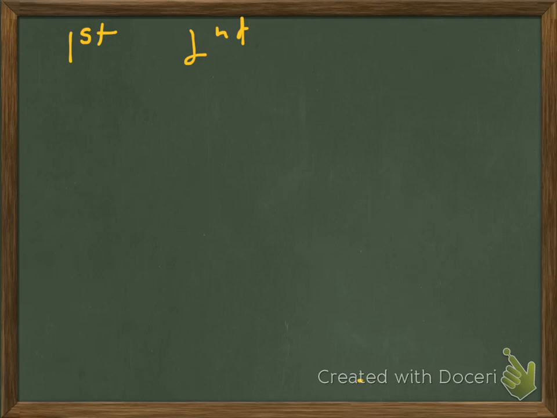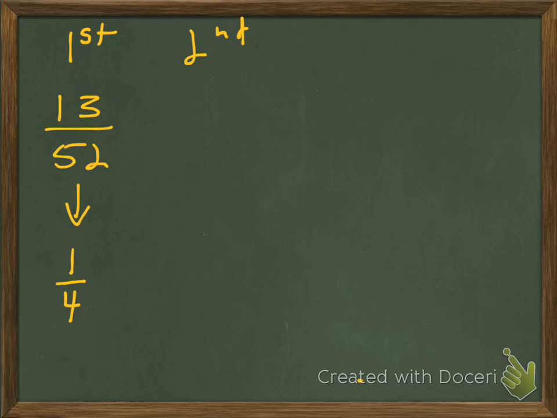How many spades are there? 13. Out of 52. And what is that reduced to? 1 out of 4. Which is pretty simple when you think about it. A fourth of those cards are spades, right?